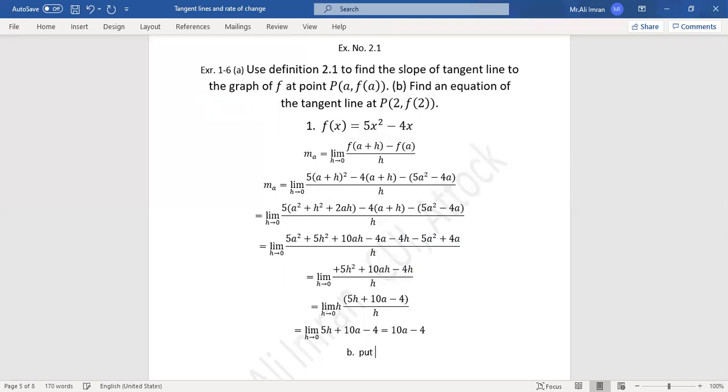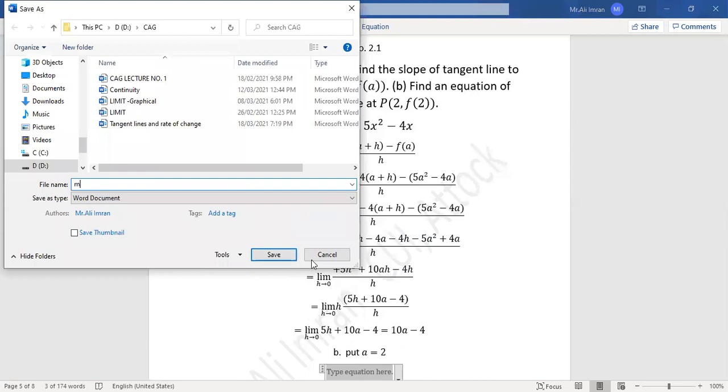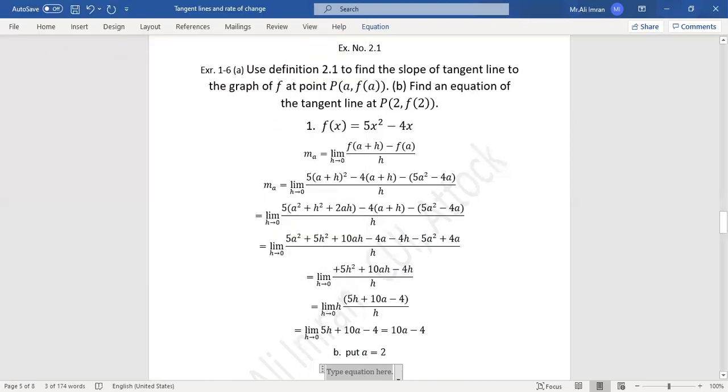Put a equal to 2. m of 2 will be equal to 20 minus 4, which is equal to 16.